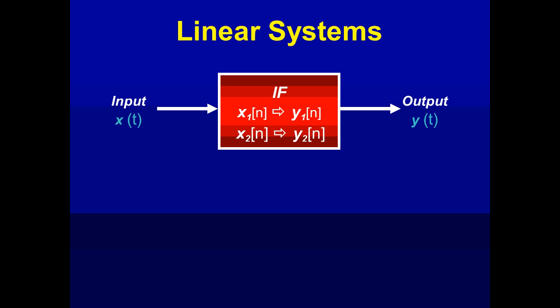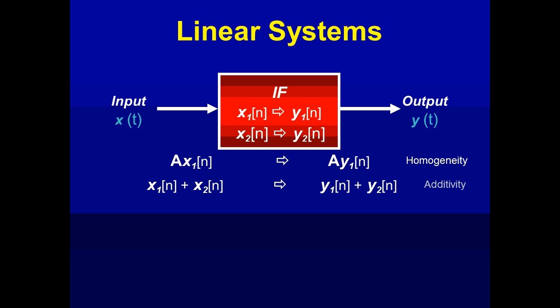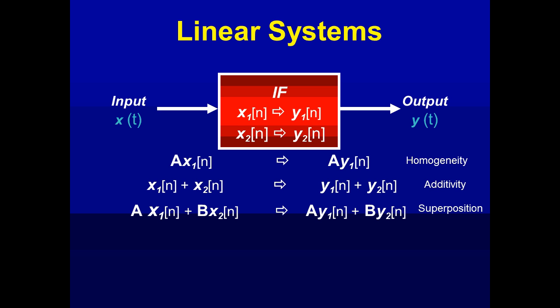If one signal x1 of n gives me a y1 of n, and another x2 of n gives me y2 of n, and if I scale a times x1, I get a times y1, right? That was the homogeneity property, half of linearity. If I add 2 inputs, that was additivity: I add their outputs. And if I add and scale them, I get the same scaling and the same sum of the outputs. That was superposition. If I have a linear system, this is true.